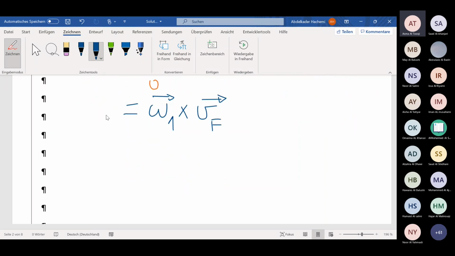Then we have here omega 1, as we said, it's only the omega 1 value, magnitude 0, cross the expression of the frame velocity.